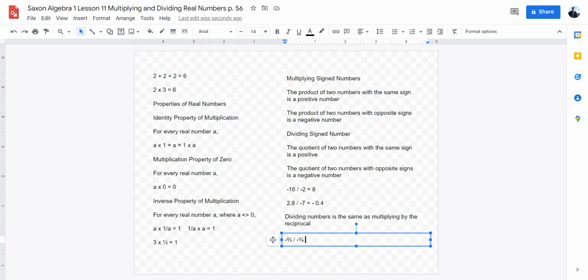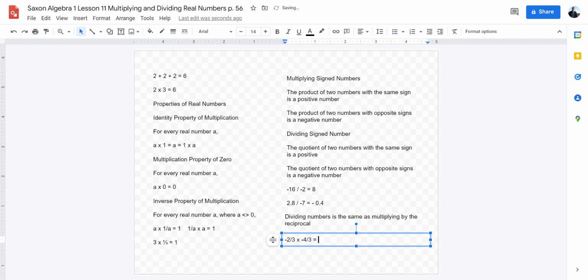I'm going to change this divided by to a multiplication sign. And then 3 over 4 becomes 4 over 3. So negative 2 over 3 times negative 4 over 3. And this is the exact same problem.